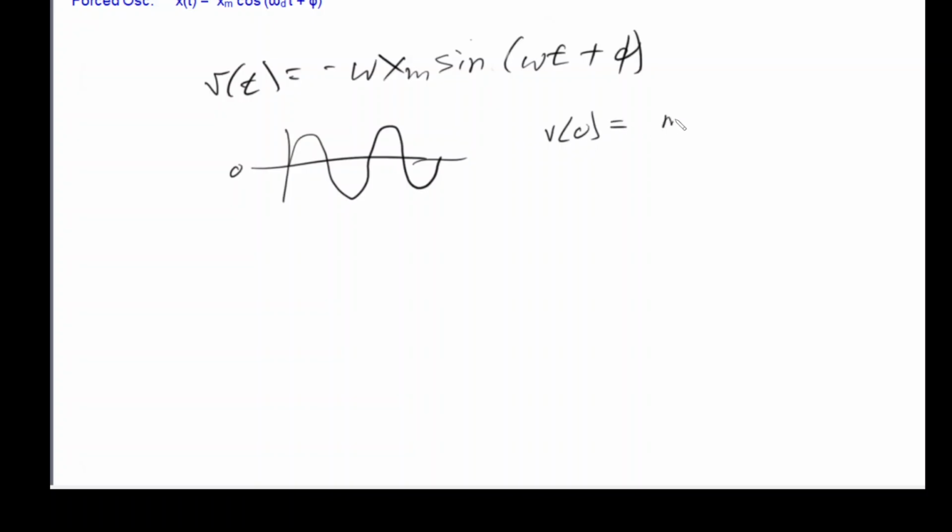You get the maximum velocity, and it reduces as it goes to positive or negative xm. So the velocity at plus or minus xm is equal to 0, and that's where the oscillation reverses. And in addition, that's where the acceleration is the maximum, at xm.